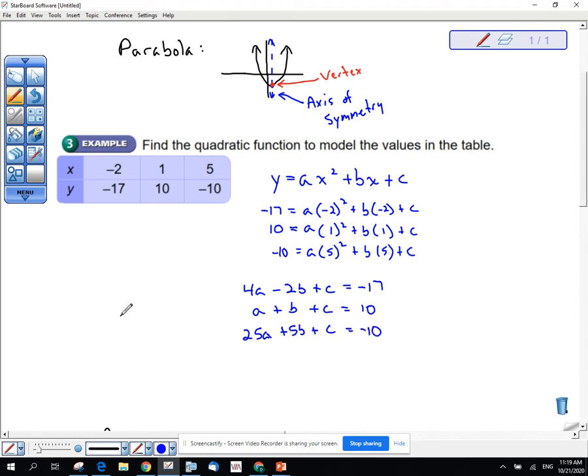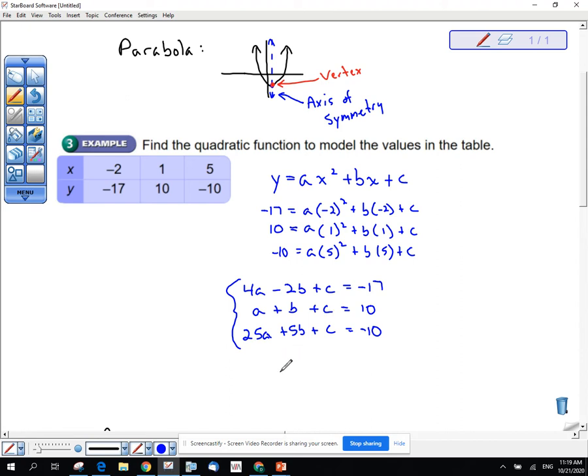Now what does this remind you of? Should remind you of the matrix problem from chapter 3. We're going to solve a system here, okay? Now just to save time, I have already typed these into my handheld calculator, and just to remind you of the keystrokes, I've put 4, -2, 1, 1, 1, 1, 25, 5, 1 into my 3 by 3 matrix, and then the other 3 into my 3 by 1 matrix, and I'm going to go A inverse B in my home screen.